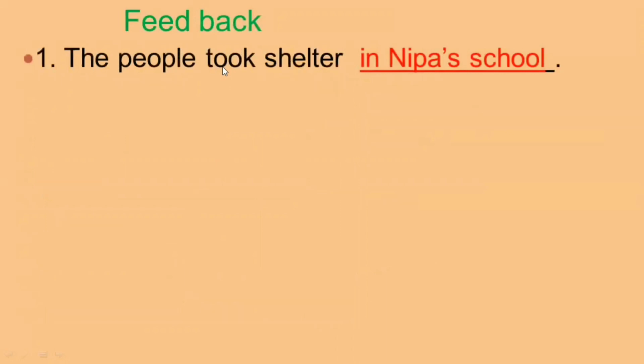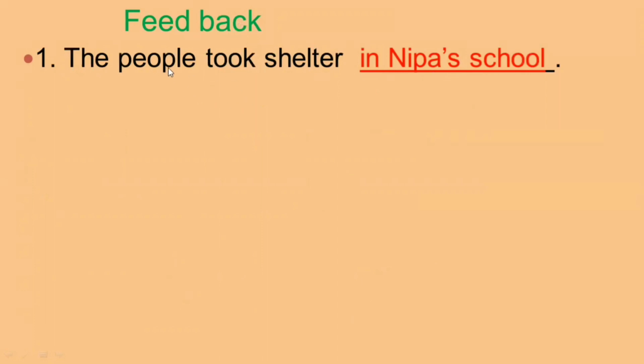So my dear student, in feedback, I'll ask you how attentive you are in my class. The people took shelter in Nipas school. What will be the question, my dear student? Yes. Nipas school indicates the place. So the WH word will be what? Then, yes, there is no auxiliary verb here. So you have to take do, does, or did.